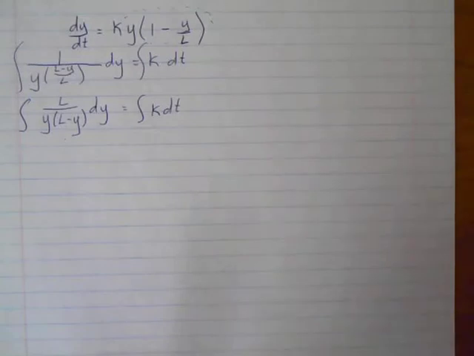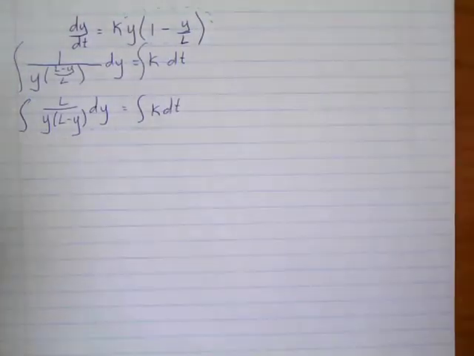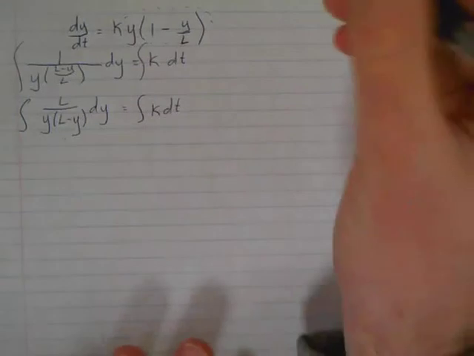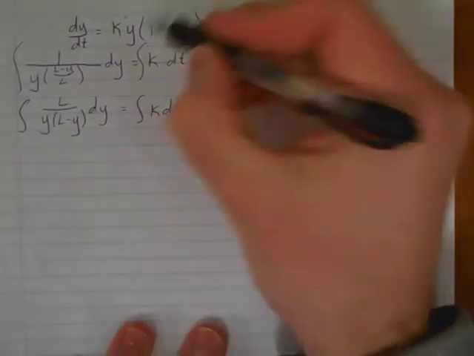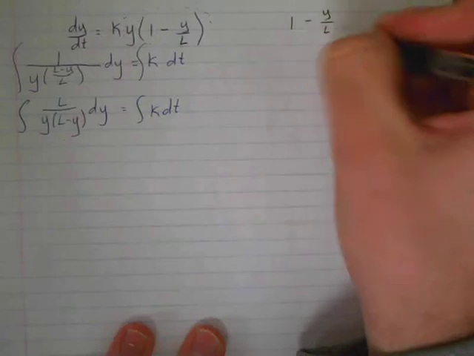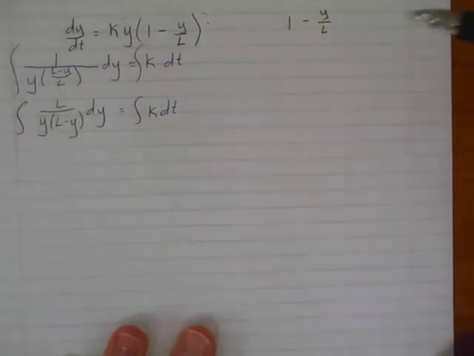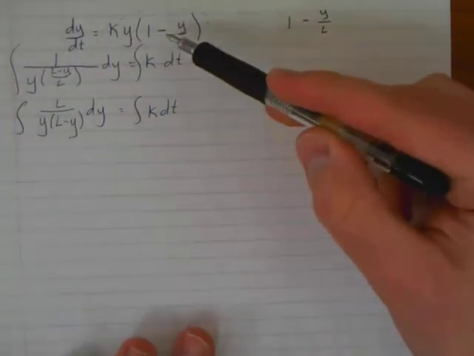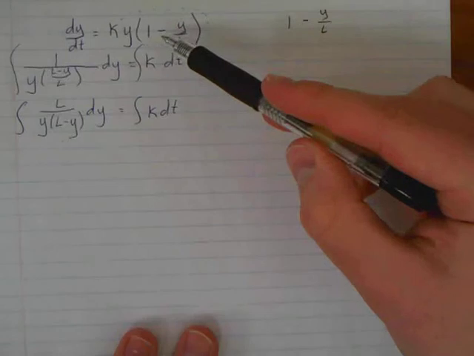And so what I'm going to do, in a different color over here, is show you what it means to find the partial fraction of something. So here are two fractions, 1 minus y over L. What I did is I found a common denominator between these two.